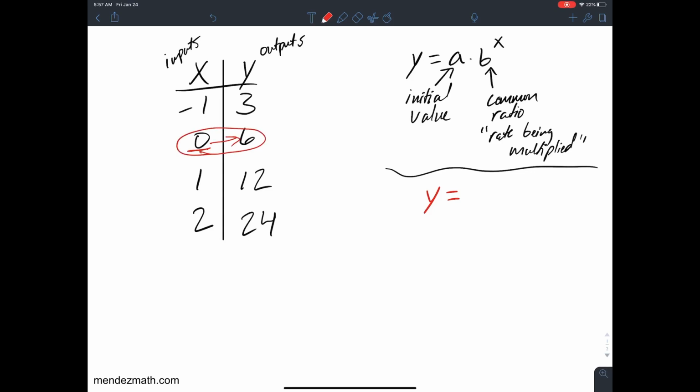When x is 0, y is 6, that is our initial value. So we can make a little note here. A equals 6. And you could write it in here if you want to. Okay, that's our A. And I'll just rewrite it up here.